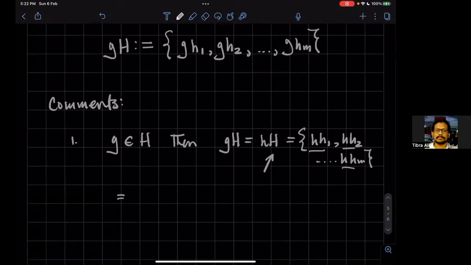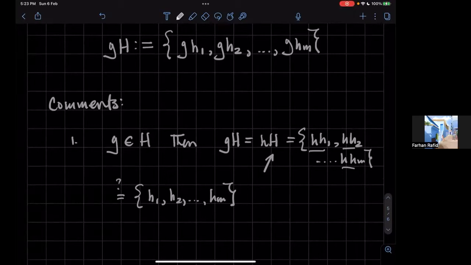And we know that for sets, ordering doesn't matter anyway. So as a set, it doesn't change. Is it clear why it doesn't change as a set? What is the group property that allows us to conclude that?